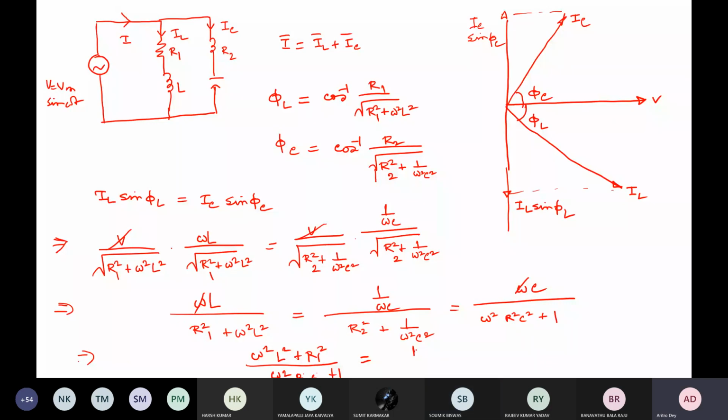this is R2 square. I'll just go to the next slide. So what we are left with, omega square, here it is L, there it is C, this is R1, omega square R2 square C square plus 1.